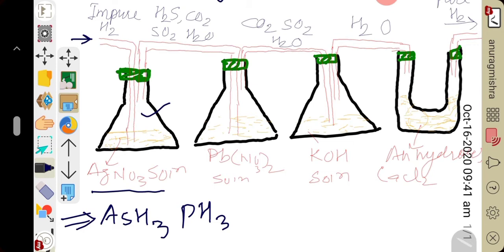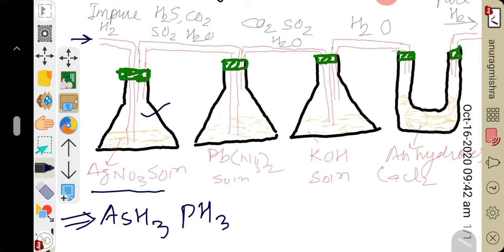Now phosphine and arsine will undergo reaction with silver nitrate to form silver phosphide plus silver nitrate and nitric acid. Similarly, arsine undergoes reaction with silver nitrate to form a precipitate, silver arsenide, silver nitrate and nitric acid. In this way, the impurity of phosphine and arsine is removed.